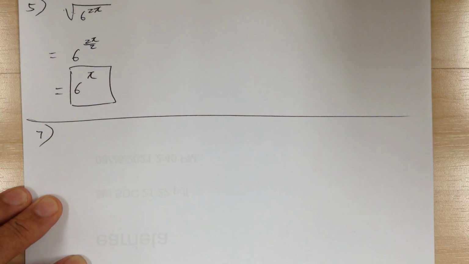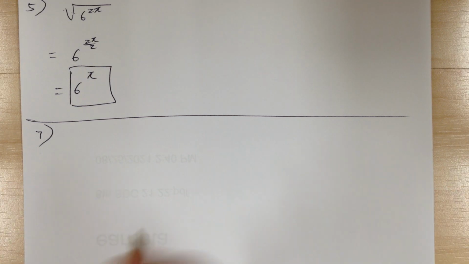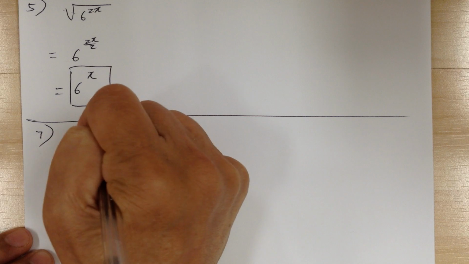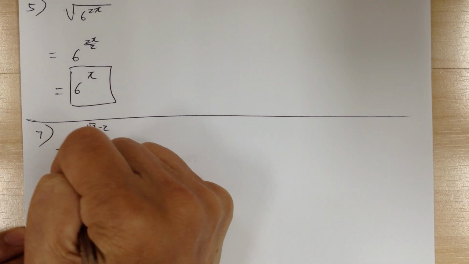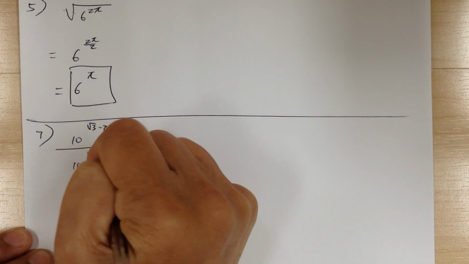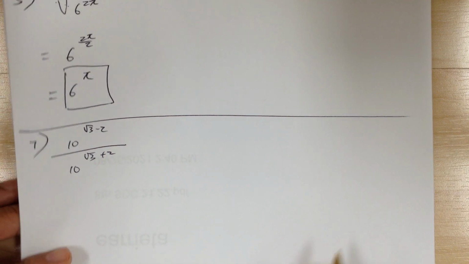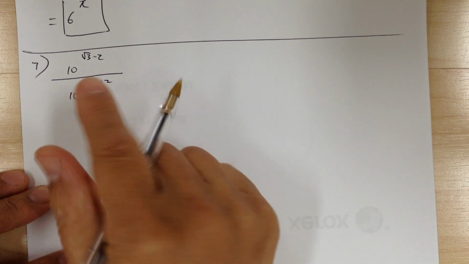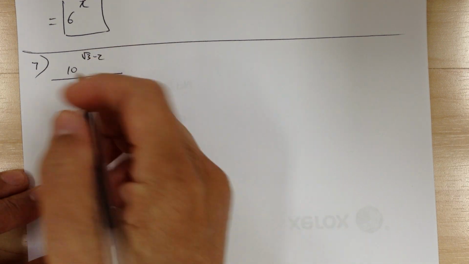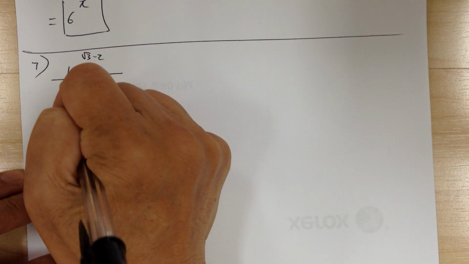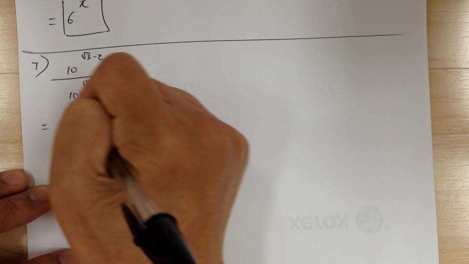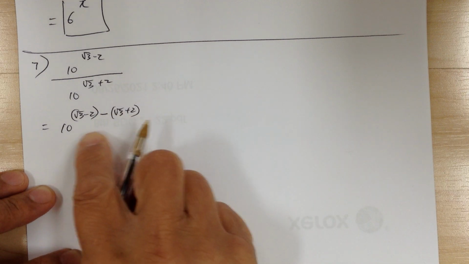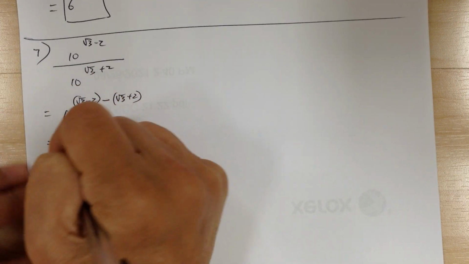Okay, number 7. You have 10 to the square root of 3 minus 2 divided by 10 to the square root of 3 plus 2. This is just like the one we did earlier. Division, you have to use the quotient rule, meaning I have to use this minus that. So this is equal to 10 to the square root of 3 minus 2 minus square root of 3 plus 2. Again, I'm doing extra steps to cut down on careless mistakes.